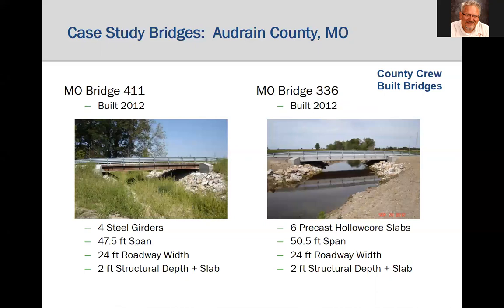The steel bridge, or Missouri Bridge 411, consists of 4 steel girders, a 47.5-foot span, a 24-foot roadway width, and a 2-foot structural depth. The concrete bridge, Missouri 336, consists of 6 precast hollow core slabs with a 50.5-foot span, a 24-foot roadway width, and a 2-foot structural depth, just like the steel bridge.